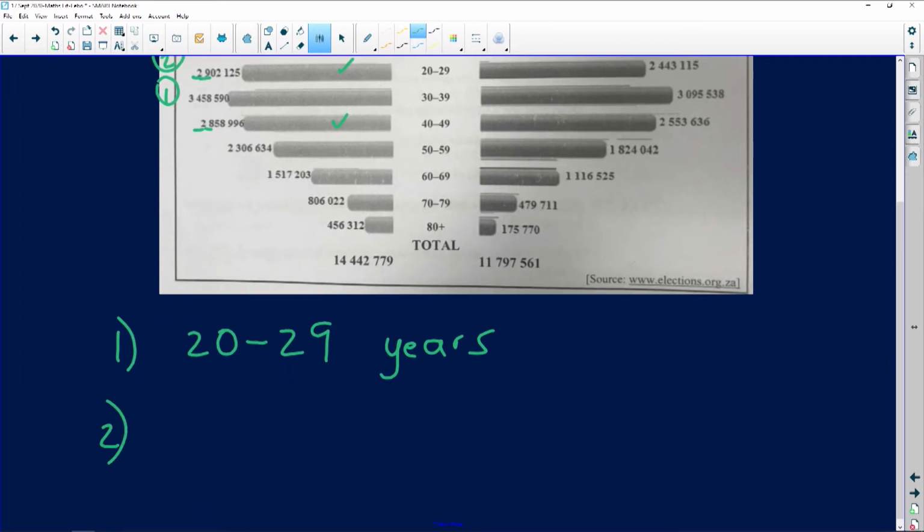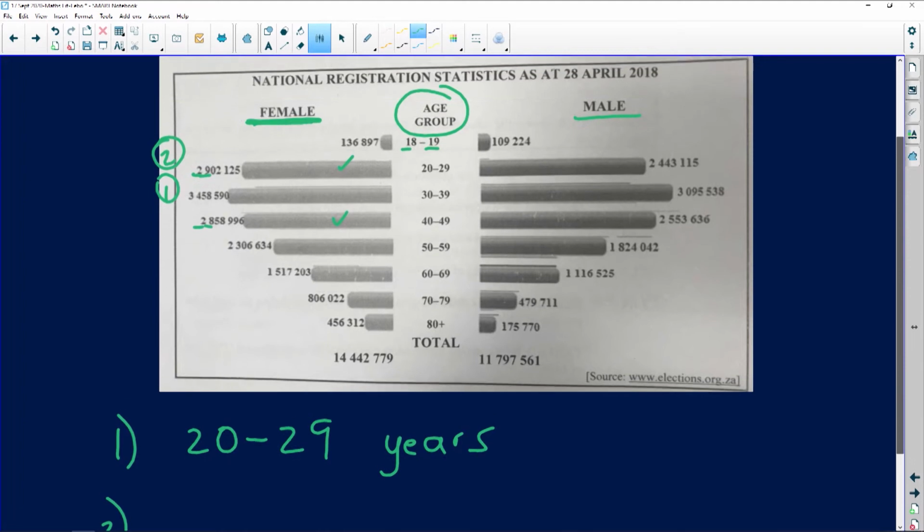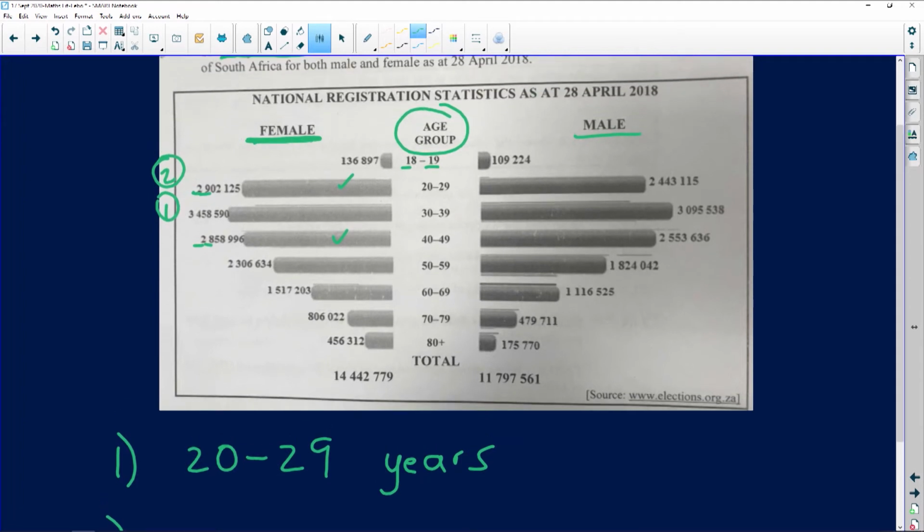Okay, so the second question then says to us, calculate the number of male voters under the age of 40 years. So in this particular case, it's any male voter under the age of 40 years. Let's go look at that particular one. With this one, anything under 40 is going to be from here to here.